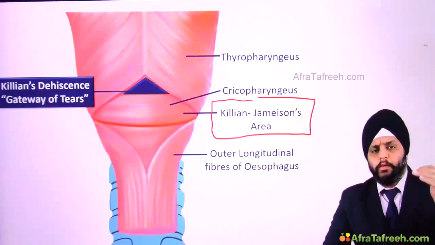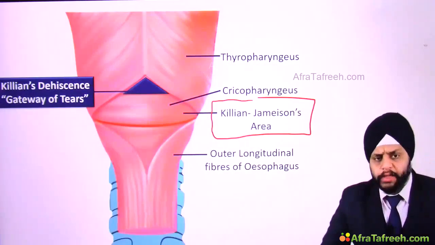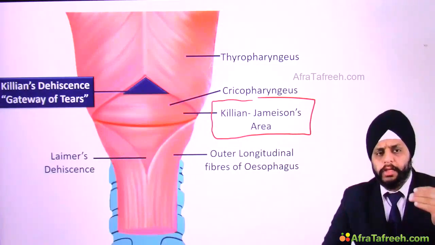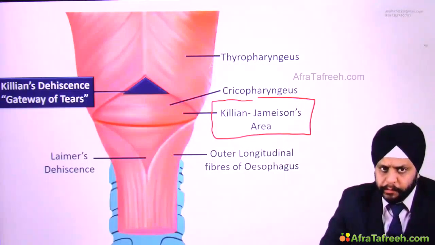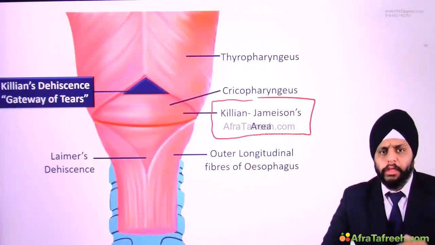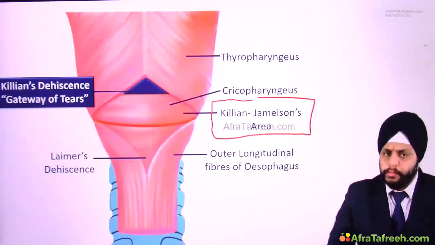Then between the circular fibers of the esophagus and the cricopharyngeus transverse fibers, we have another anatomical gap known as Lammer's dehiscence. So there are other places of weakness in the esophagus also.